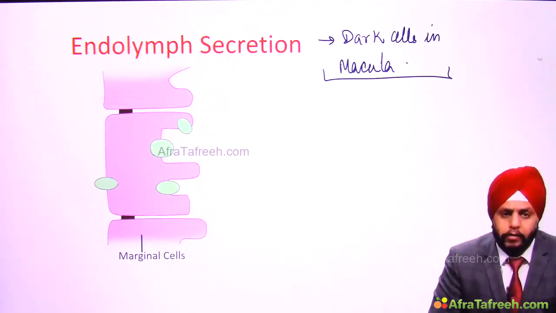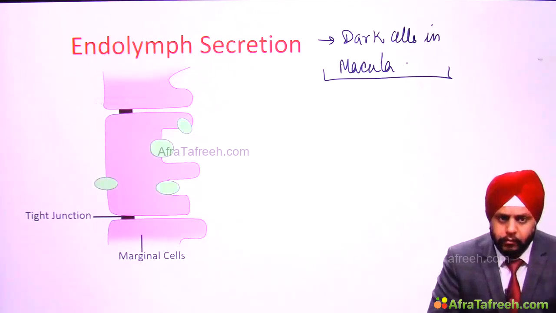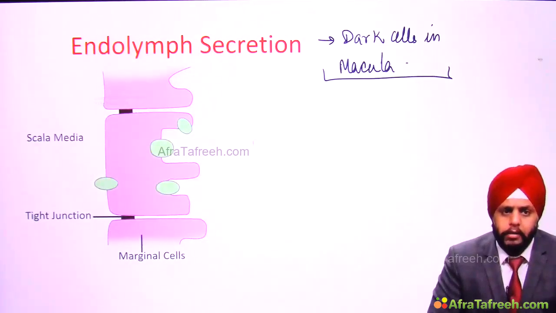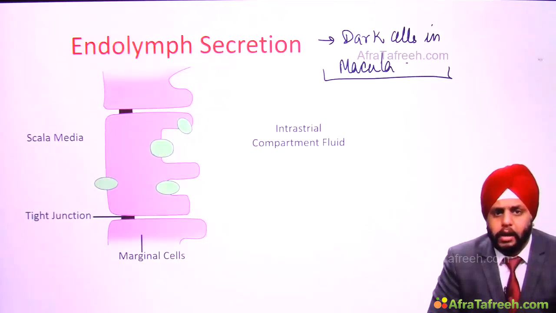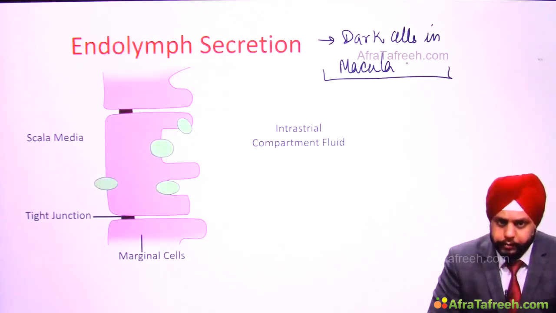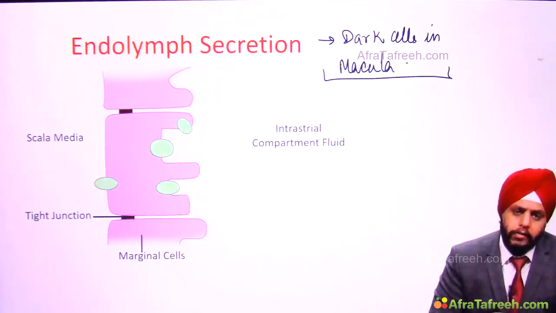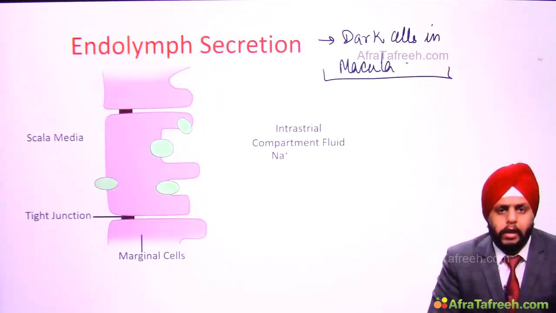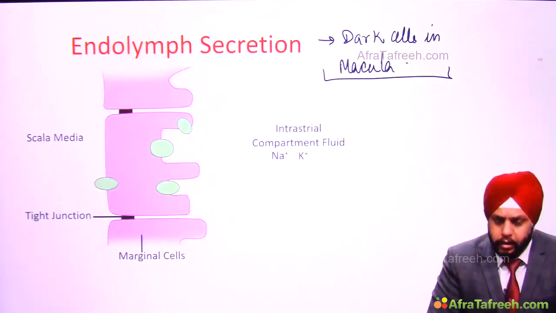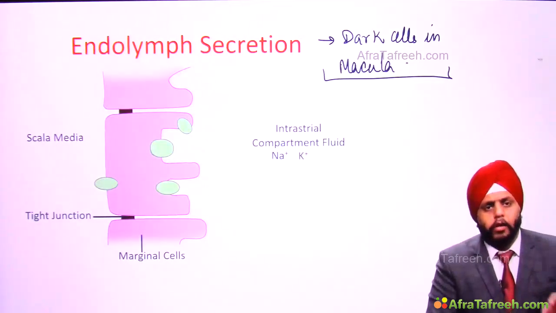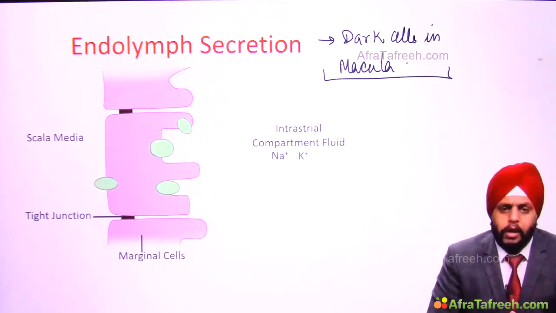So in the stria vascularis, we have marginal cells. You see, marginal cells are attached to each other with the help of these tight junctions, and they separate the scala media from the intrastrial compartment fluid. In the intrastrial compartment fluid, we have sodium and potassium ions. Now how the endolymph is secreted, we can remember it.